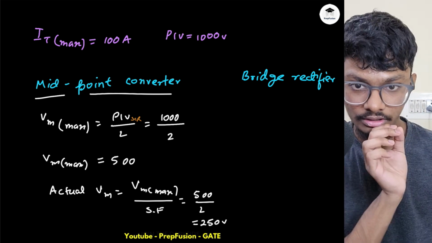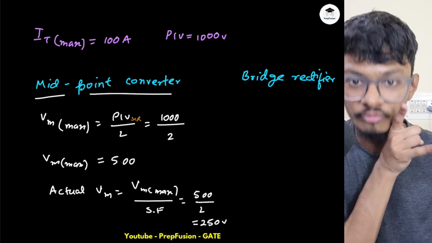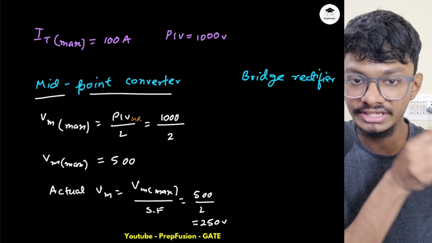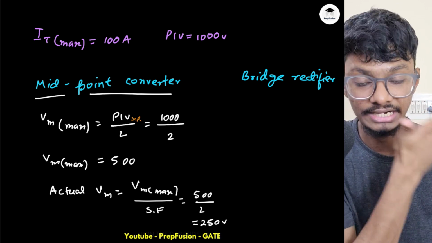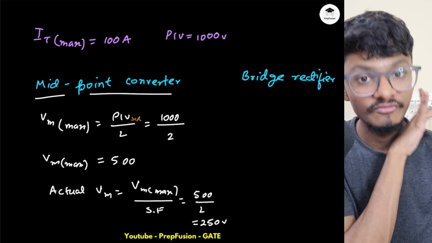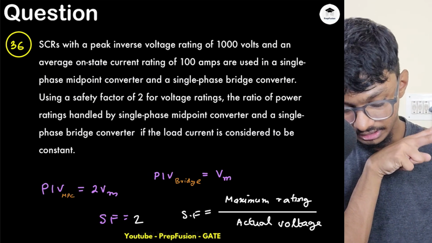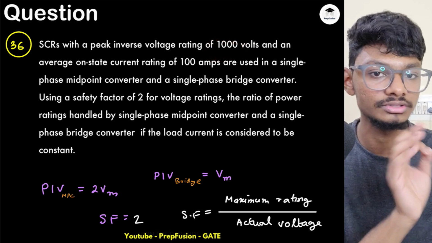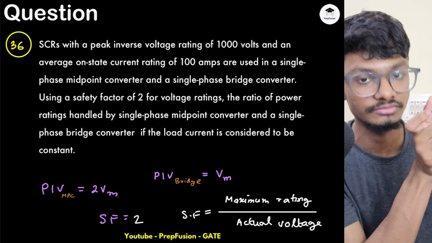What is the working condition? My supply will have a peak amplitude of 250 volts. So the peak inverse voltage across the device at max can go to 2 VM, that is 500 volts. And I have a safety factor of 2, that's why I am not totally utilizing this 1000 volts rating. I'm only utilizing up to 500 volts.